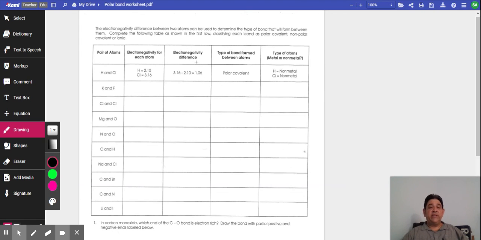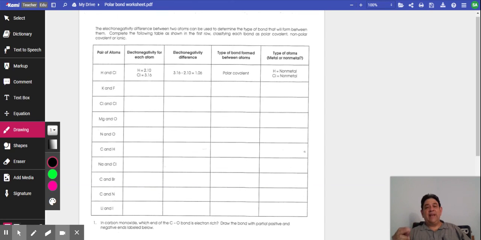If the electronegativity difference is 1.06, what is that? Is that polar covalent, non-polar covalent, or ionic? Remember, the way we've set it up is that less than 0.5, we'll go with non-polar covalent. We'll make 0.5 to be slightly polar; the borderlines are really kind of tough.